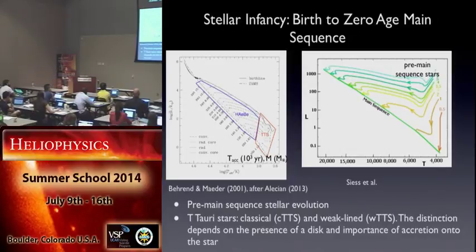Stars that do not have any evidence for a disk are called weak-lined T Tauri stars. These classical T Tauri stars are also undergoing accretion from the disk onto the star, so that is an additional process that can be occurring in addition to magnetic reconnection. And this just gives you a sense of where these stars lie in luminosity-temperature space before they arrive on the main sequence.